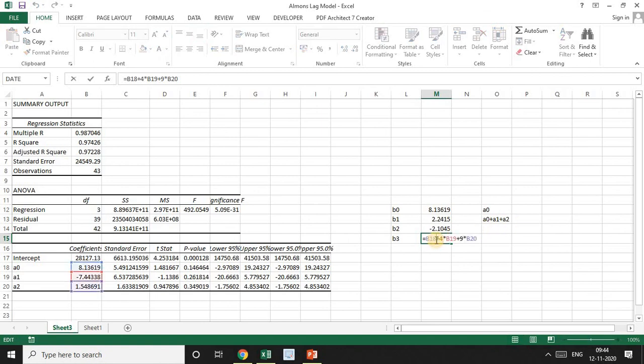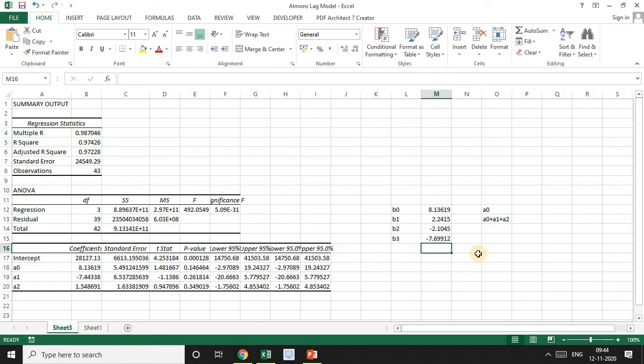What is beta 3? 1 into a0 plus 2 square, 4, into a1 plus 3 square into a2. We are getting minus 7.6912. Okay, so beta 0 is 8.13, beta 1 is 2.24, beta 2 is equal to minus 2.10 and beta 3 is equal to minus 7.6912.